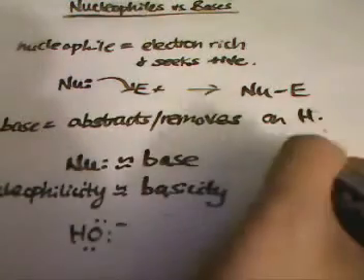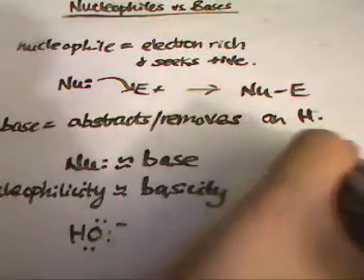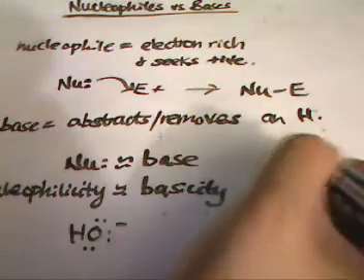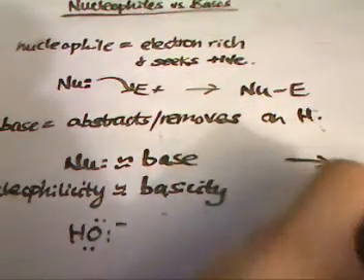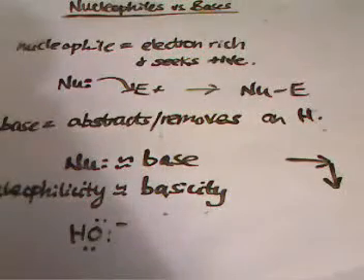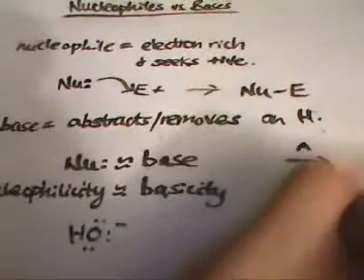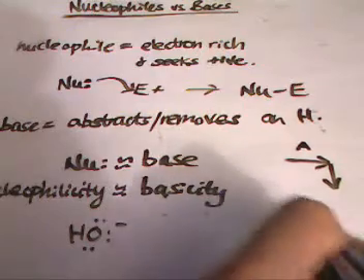And if you remember the trend in the periodic table, basicity is the opposite of acidity. So acid strength increases going across the table and going from top to bottom. If that's acid strength, base strength is generally the opposite.